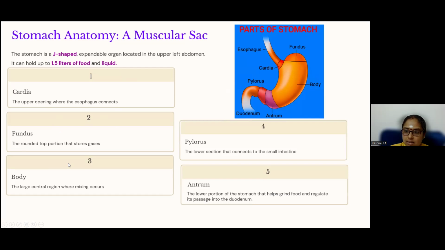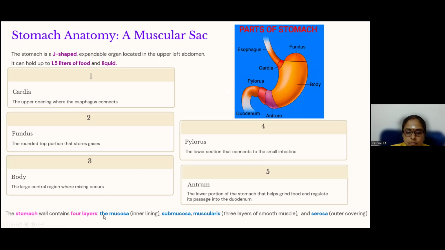Then there is the body, where the mixing and digestion actually takes place. Then we have the pylorus, the lower section that connects to the small intestine. Then we have the antrum, the lower portion of the stomach that helps grind the food and regulate it into the passage. Each and every part of the stomach has some function, so each is very important to know.